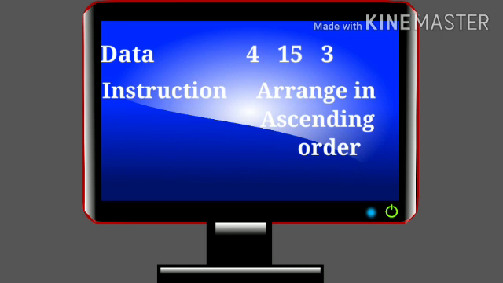In the processing, the CPU will arrange the numbers in ascending order as per the instructions. So we'll get the answer as the arrangement of the numbers, that is the final output, which is in ascending order.